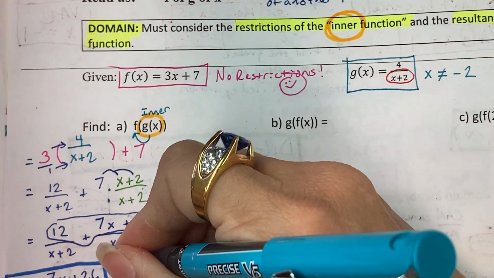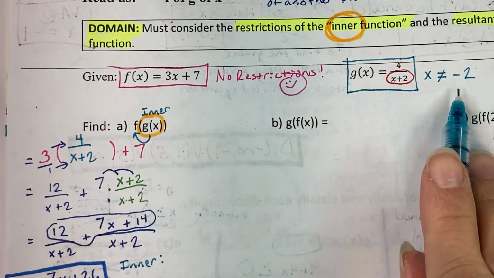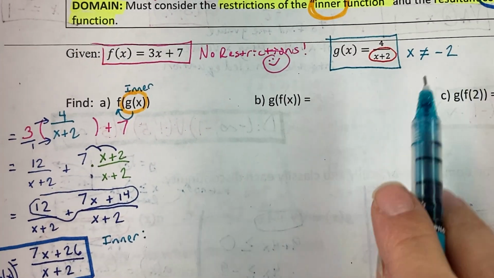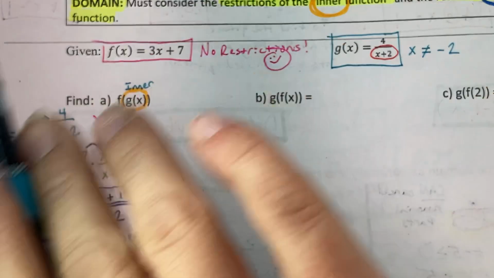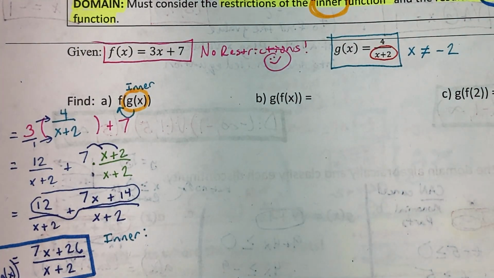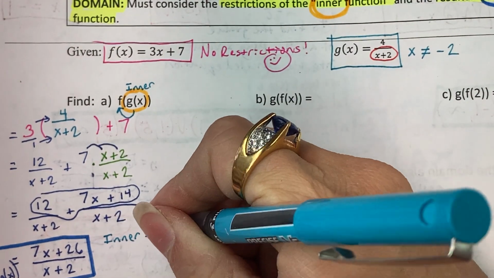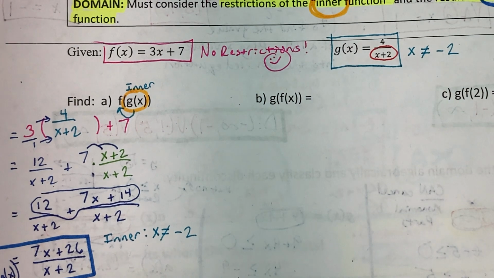So my inner restrictions are that x cannot be equal to -2. So just like when I streamline the microwave to the freezer function, if it can't be equal to FOIL in the microwave, if we streamline those two functions together and put the microwave inside the freezer, we're not going to be able to have that FOIL as well. So my inner restriction is that x cannot be equal to -2.